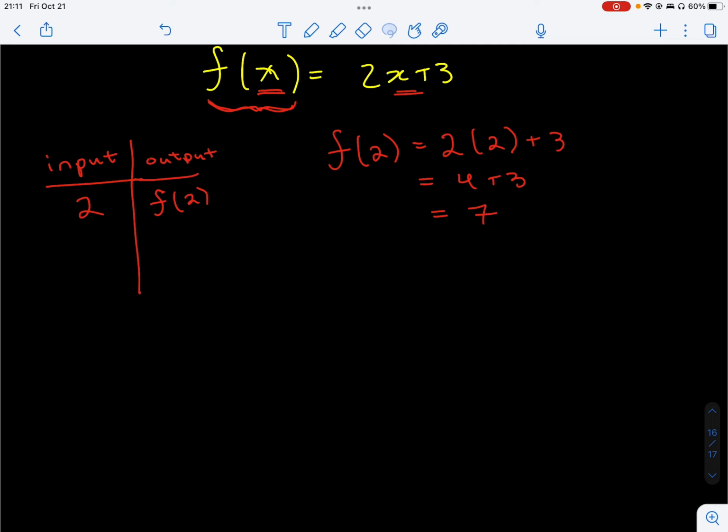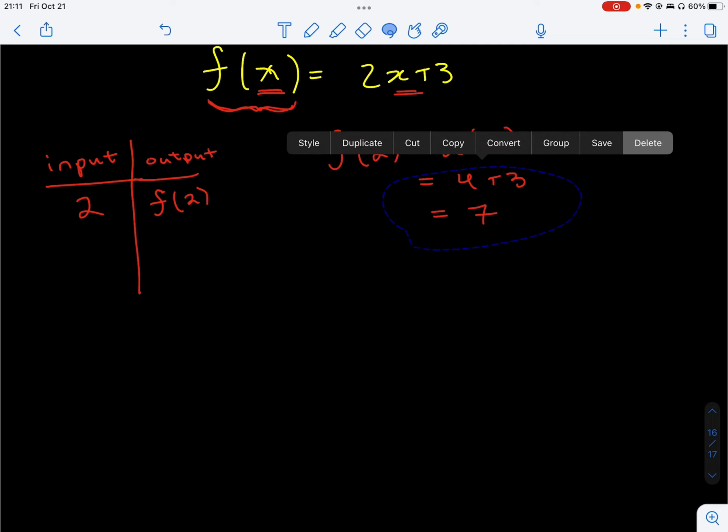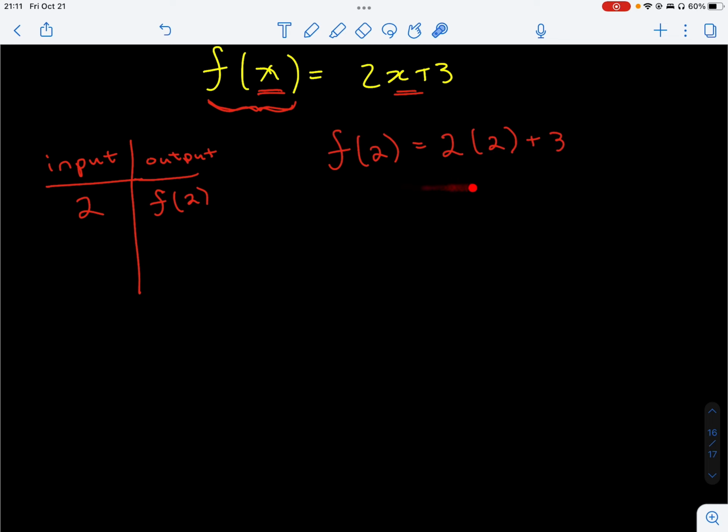But I really only care about this result, because the next thing I'm going to plug in is not a number we can crunch to get a nice crisp result like 7. What I'm going to plug in next is the letter t.